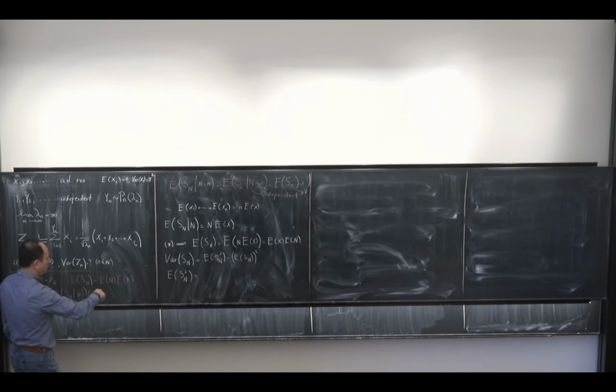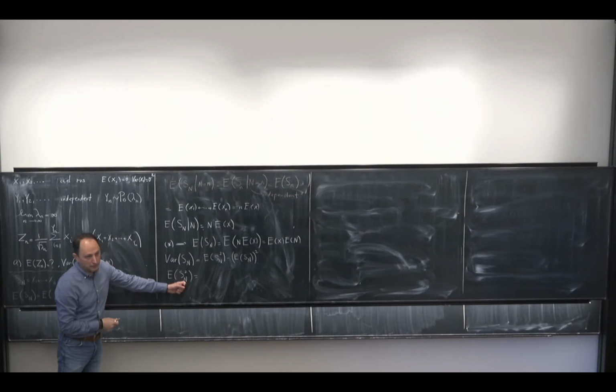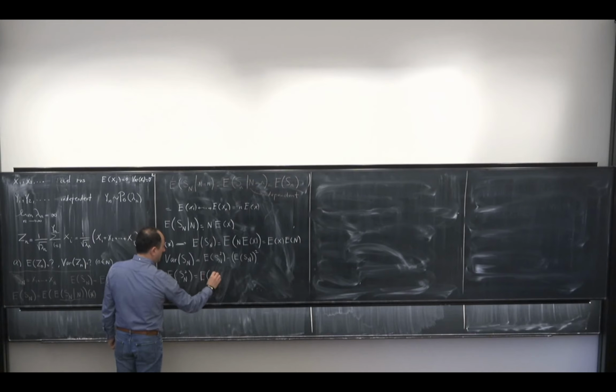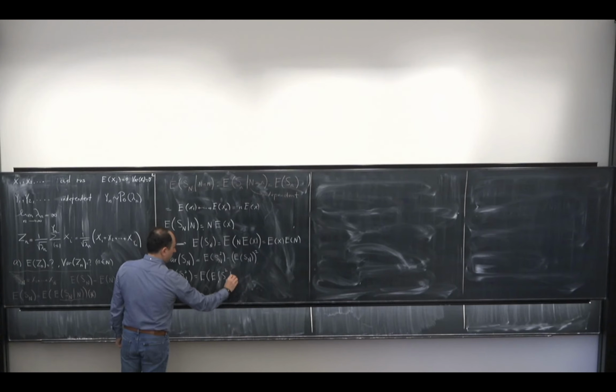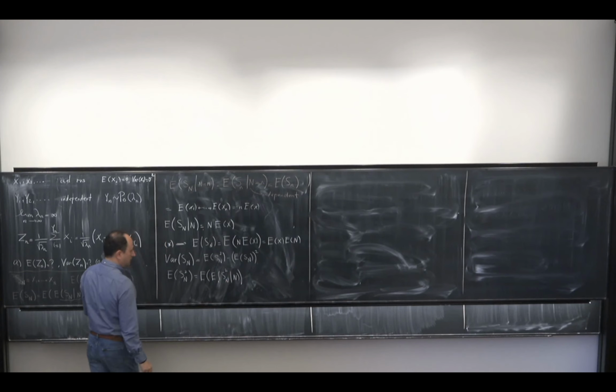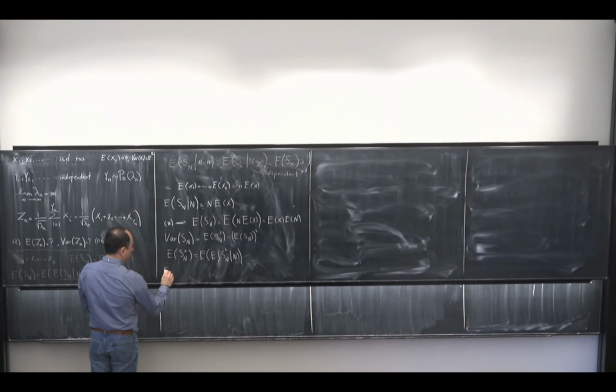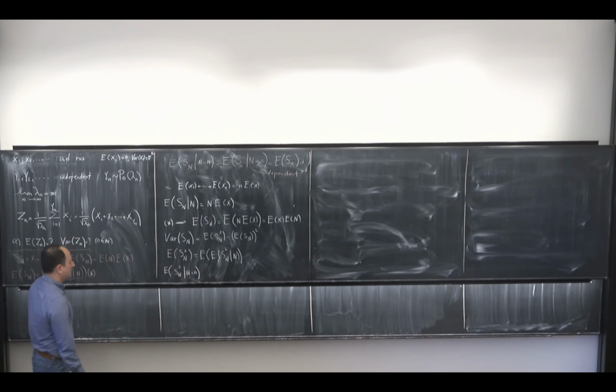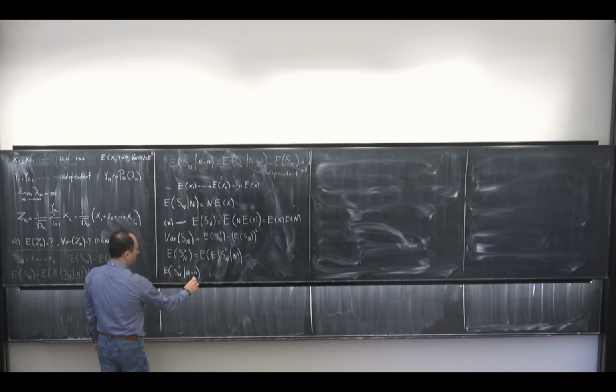If I want to calculate this, what is my first step? This index is still random. So what do I do? I would write it as E of Sn squared given N, and then again exactly the same strategy. I would write Sn squared if N is equal to n. So how should I calculate this one now?